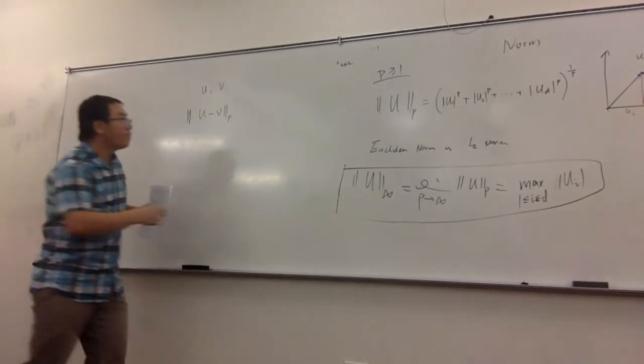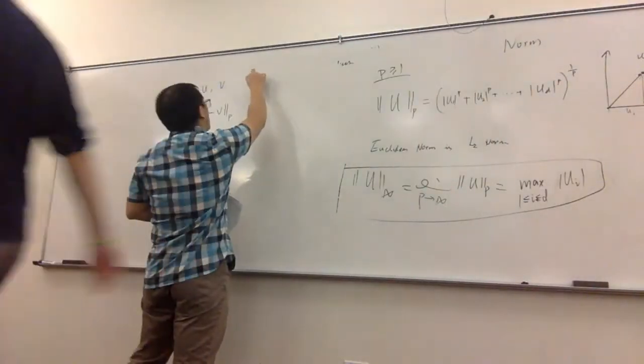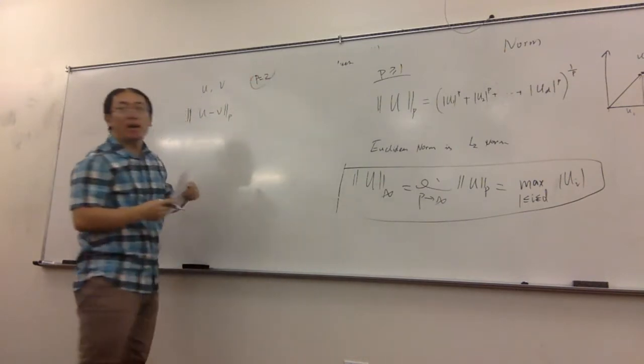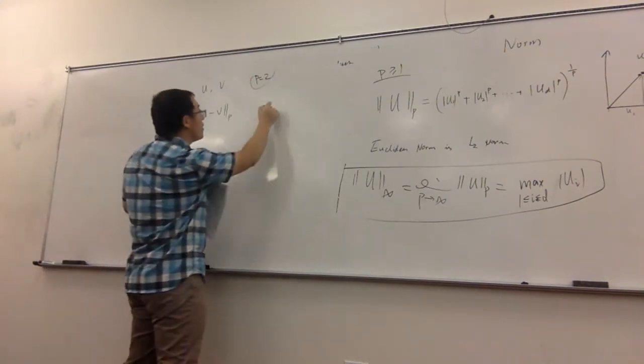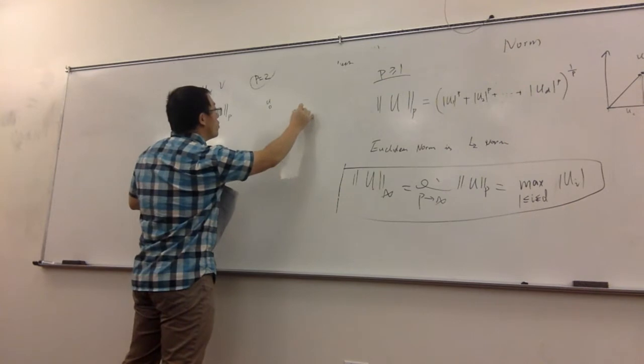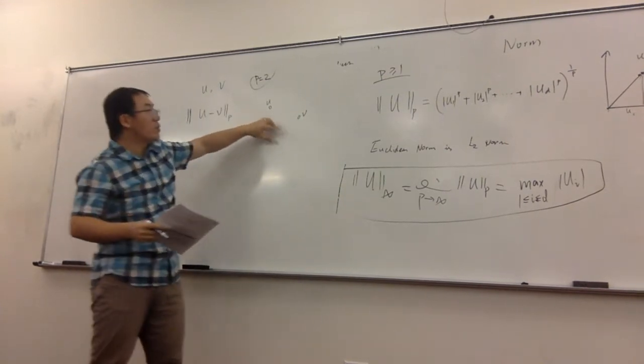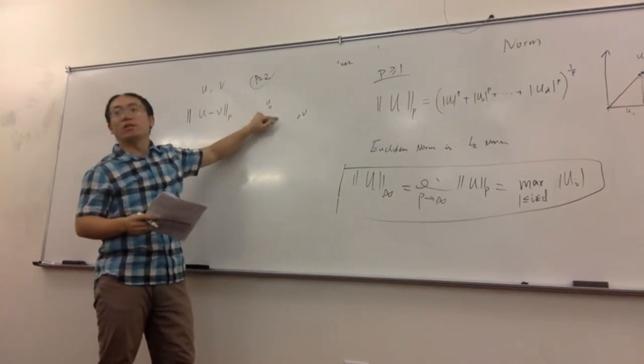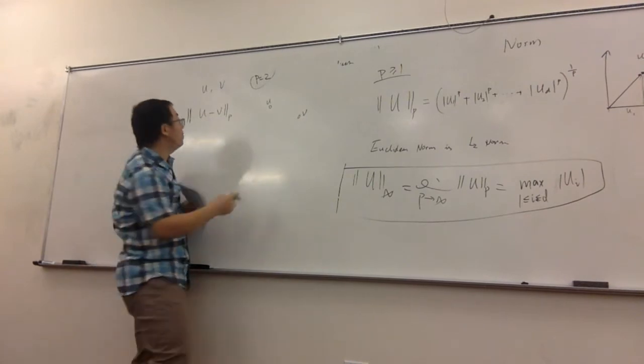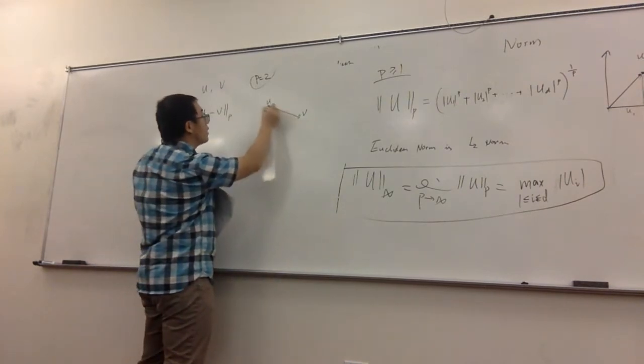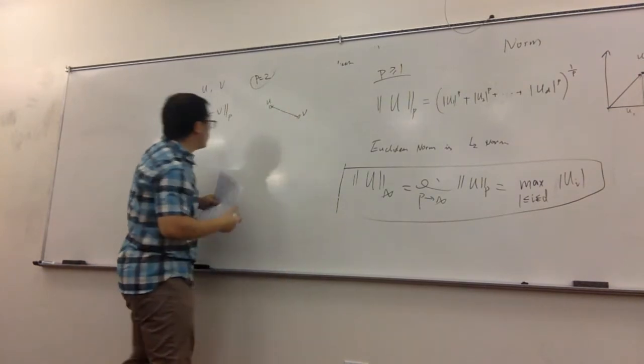So consider p equals 2, meaning that we go back to the Euclidean norm. In this d-dimensional space, we have two vectors U and V, which represent two points. So what's U minus V?